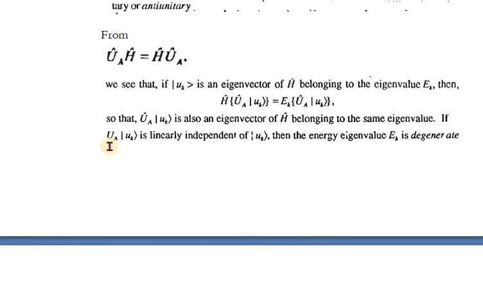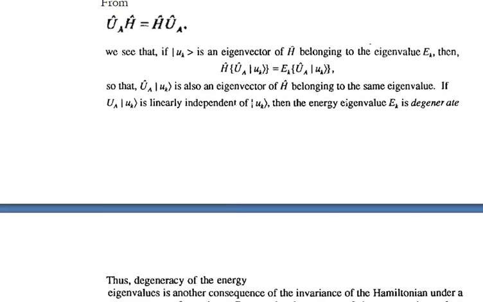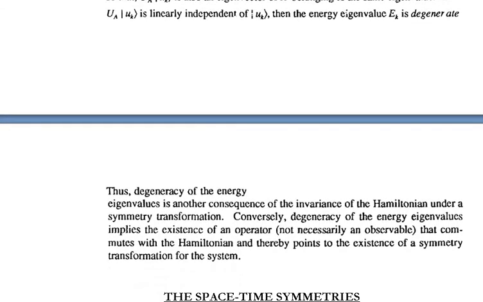If U ket psi_k is linearly independent of ket psi_k, then the energy eigenvalue E_k is degenerate, and it has multiple values.